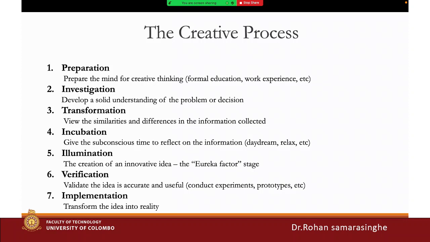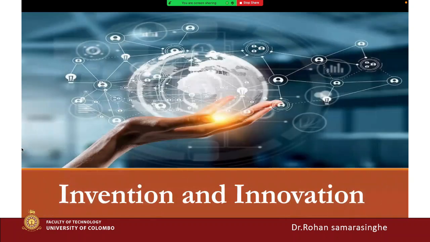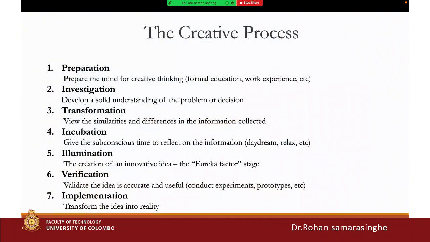Then you can have a broad understanding of this problem, and then you can create an innovative idea and verify it, validate that the idea is accurate and useful, and then you can implement. Finally, you can implement. After prototyping, if the prototype is okay, you can implement and transform the idea into reality.